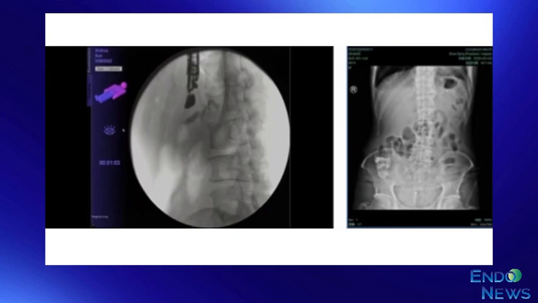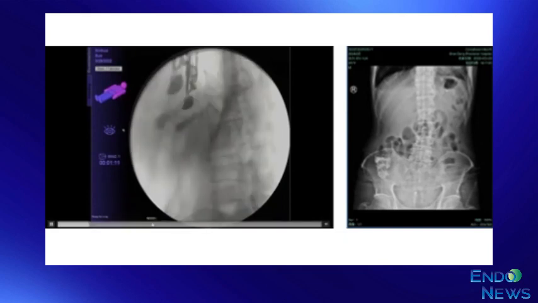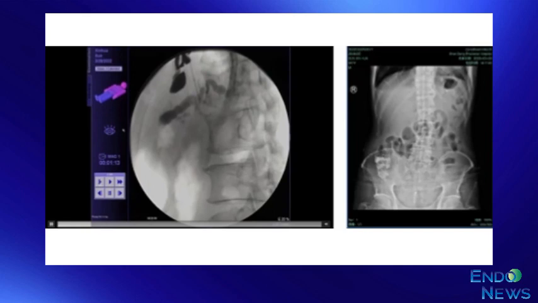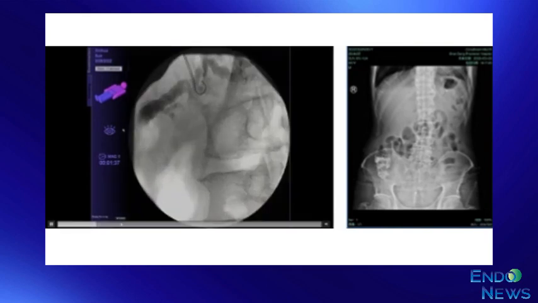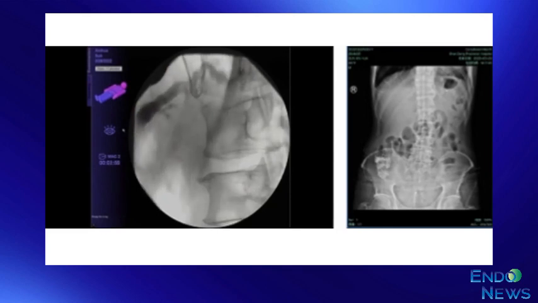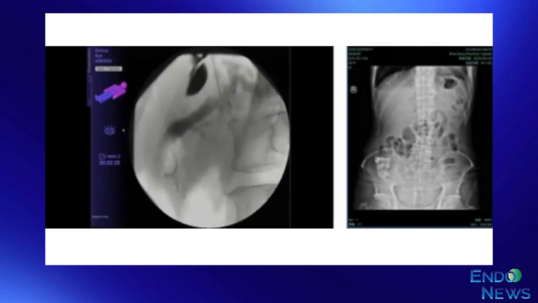The angiography shows the dilated pancreatic duct, and insert the guide wire. Adjust the angle. Attempt several times and push the guide wire to the intestinal cavity.